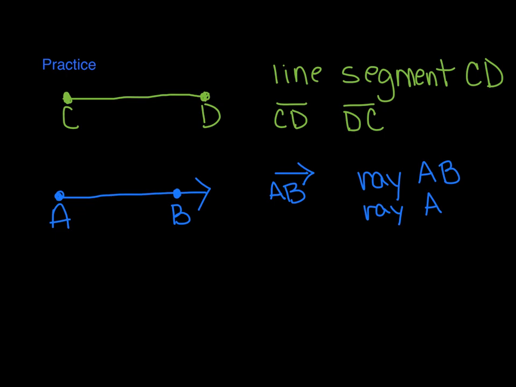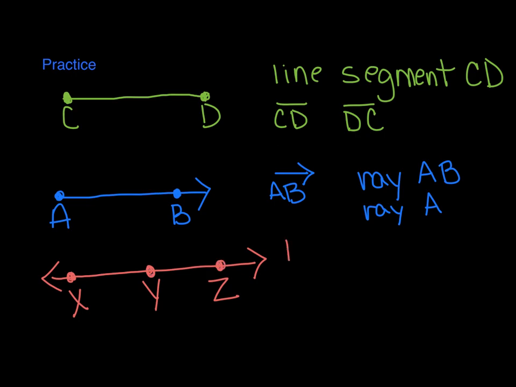Now, what happens if you're asked to draw a line? So with a line, we know that that's made up of infinite points, but we're just going to go ahead and make a line with our ruler, put our arrows at both ends, and let's say that we're going to call it X, Y, Z, and we're going to put a point where each of those letters are located.